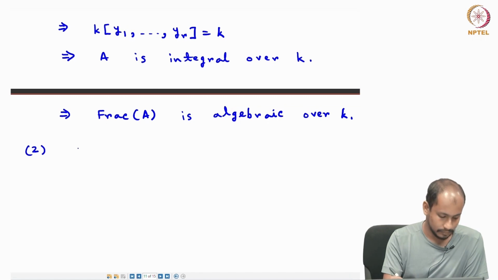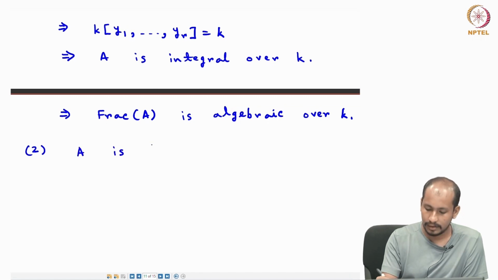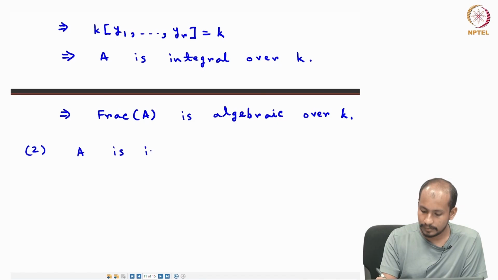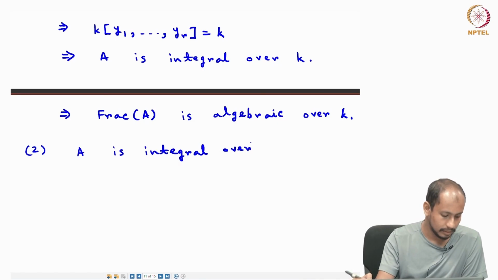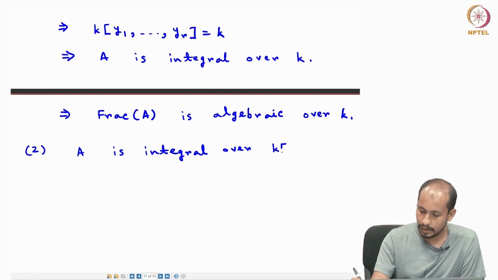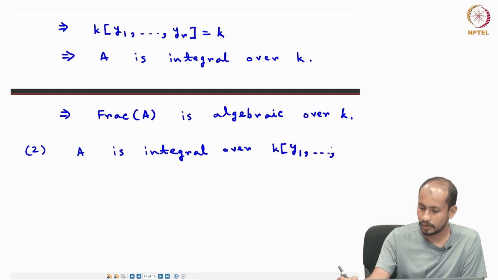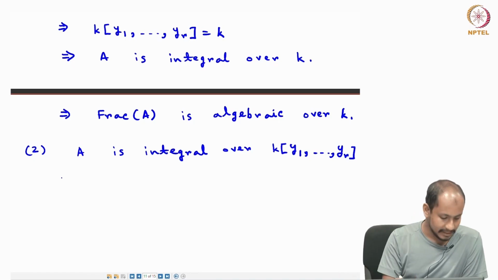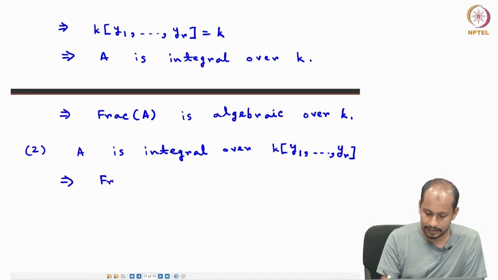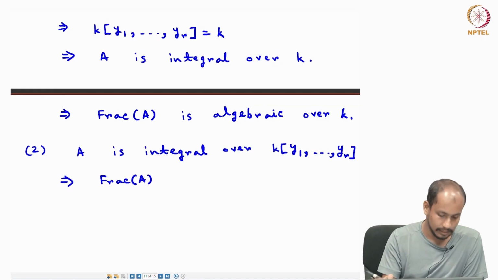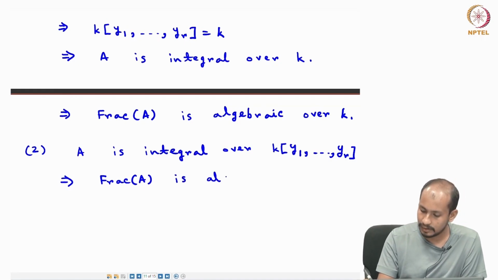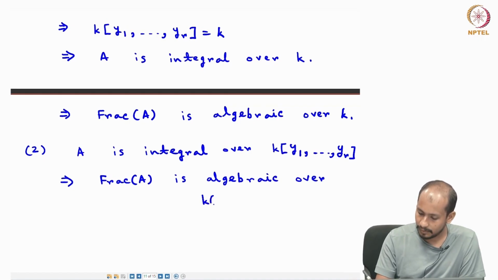Remark 2. Say A is integral over K[y1, ..., yr], this we already know. This implies that this field of fraction of A is algebraic over this field K(y1, ..., yr).